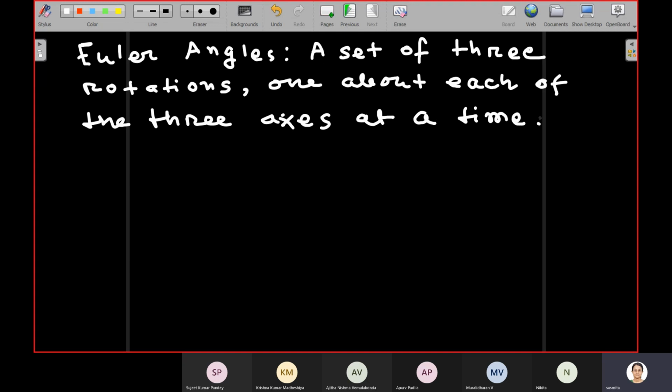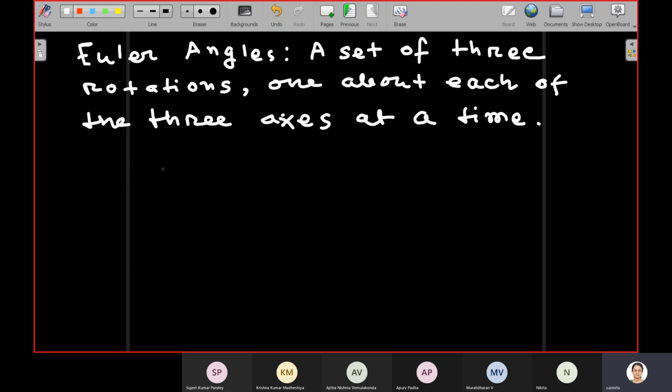So we need to apply 3 successive rotations, and each rotation should be about one of the 3 orthogonal axes. Okay, it's not that we apply rotations about all the 3 axes simultaneously. It's a set of 3 successive rotations.